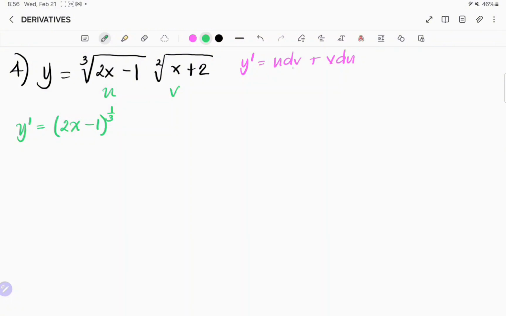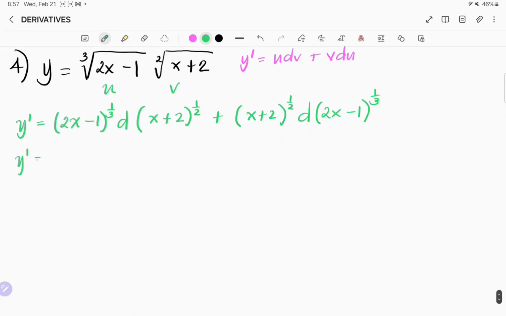And then the derivative of v can be deformed into x plus 2 raised to 1 half, plus v is x plus 2 raised to 1 half. The derivative of u and our u is 2x minus 1 raised to 1/3. So we have to derive these quantities now.